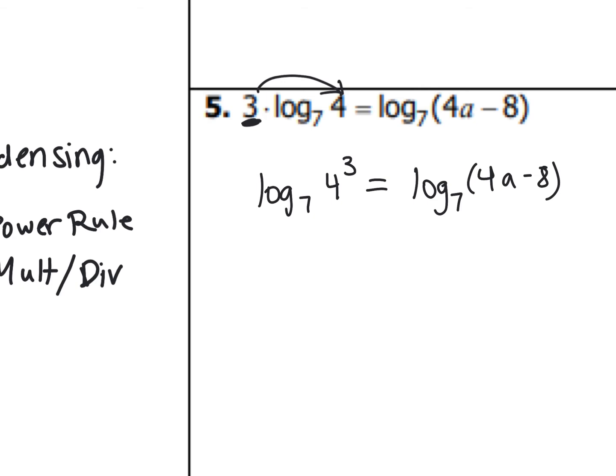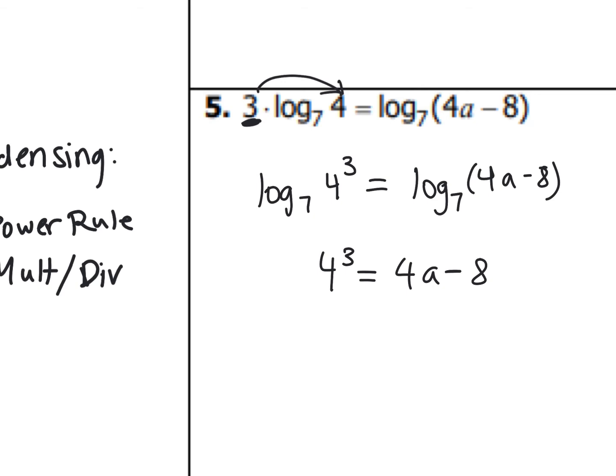Do I have one log on each side with the same base and I've got rid of my power rules in multiplication and division? Yup. Don't see any more of that. So I can just take those a values, set them equal to each other, solve that equation.